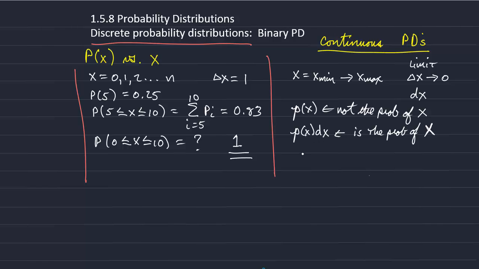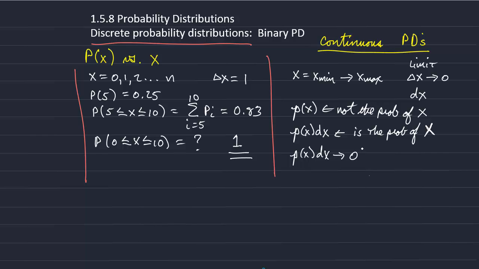The answer is 0. Well, it goes to 0. It approaches 0, because dx, delta x, is approaching 0. Because it's extremely improbable that in a continuous distribution you'll get exactly a given value of x.